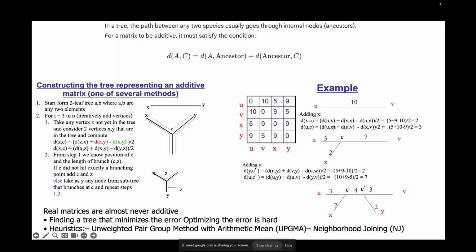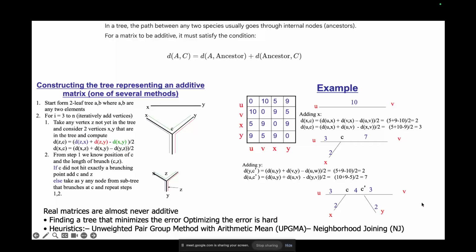So first, you're calculating for X. This is X and C. This is U and C, and then you add the final. So this is one iteration, and the second iteration would be to add Y. So first was X, then you add Y, and then you calculate the distance between Y and C and U and C. So here also you're calculating the distance between X and C and U and C. So what you're doing is you're just randomly inserting a point C here, and then you're calculating the distance from that point to one of the points that is already available and the point that you are adding.